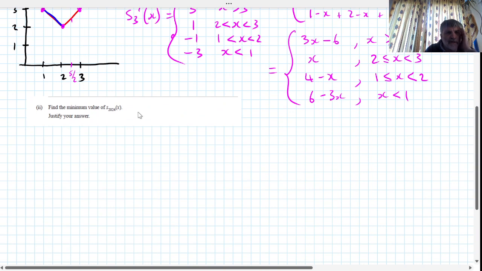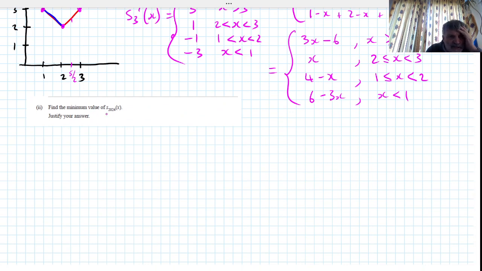This question, the second part, says what's the value of S sub 2024 evaluated at x, find the minimum value of that and justify your answer.